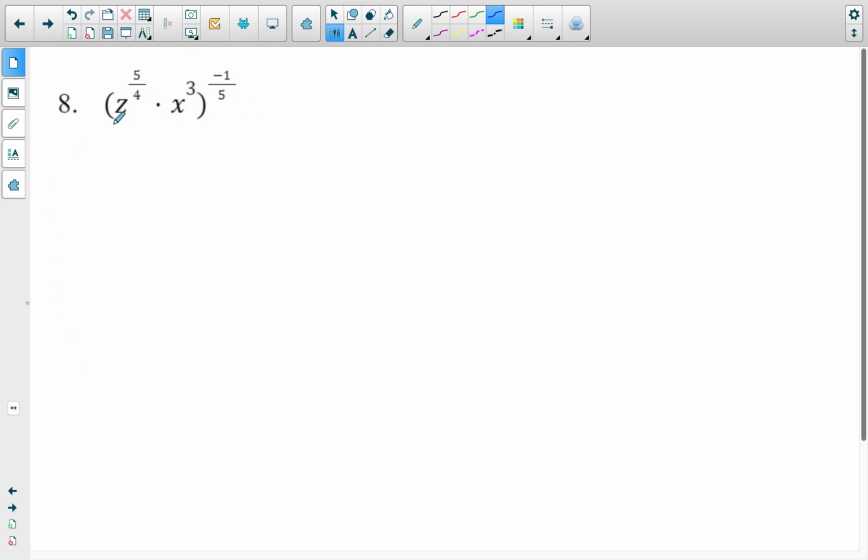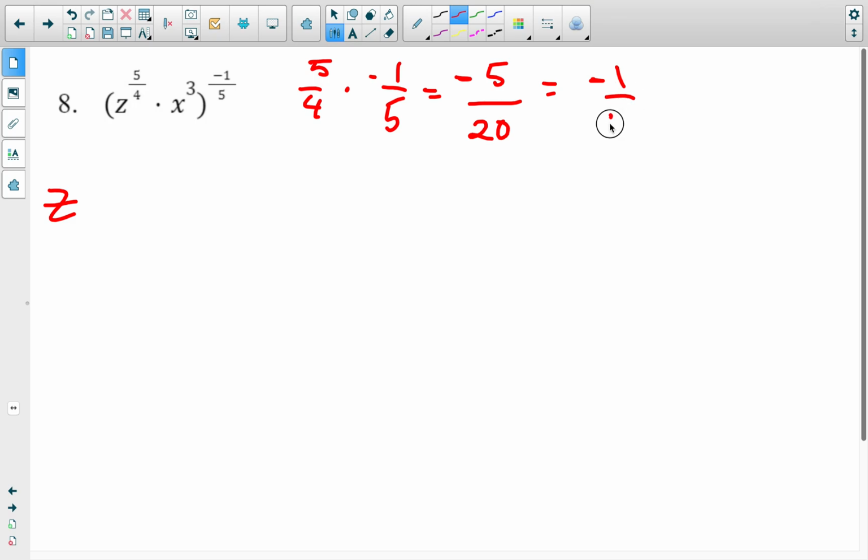Last one, power to a power, meaning that we can multiply. z to the 5/4 times negative 1/5 is going to be negative 5 over 20, which is negative 1 over 4.